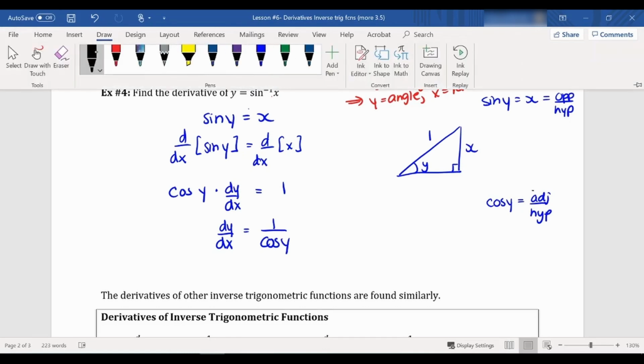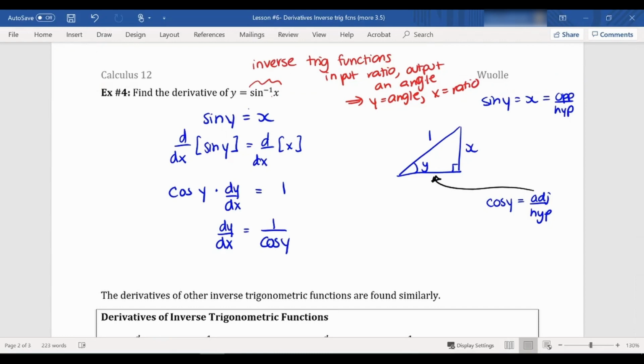So if I want to find my adjacent here, I would have my adjacent squared is equal to 1 minus x squared, or my adjacent is the square root of 1 minus x squared. So this means that cosine y is equal to root 1 minus x squared over 1. My hypotenuse was 1.